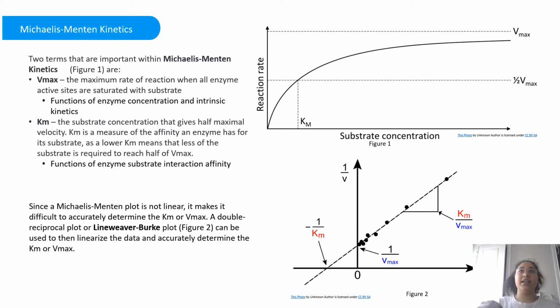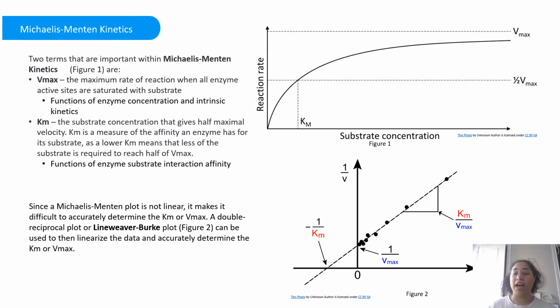Km is the substrate concentration that gives half maximal velocity. Km measures the affinity an enzyme has for its substrate, so a lower Km means less substrate is required to reach half of the max. This all shows the function of enzyme concentration and enzyme-substrate interaction affinity.